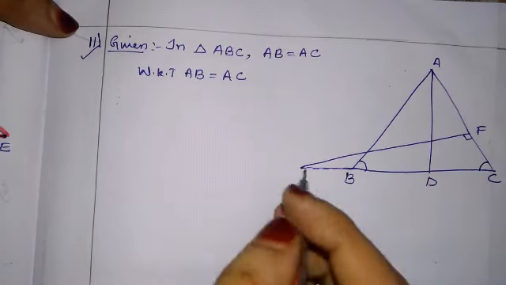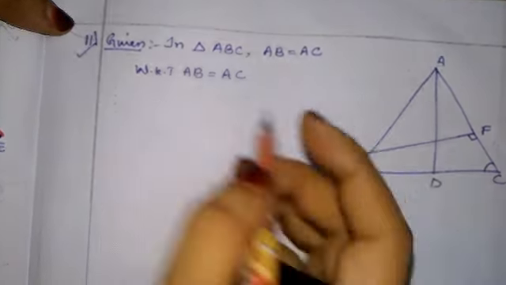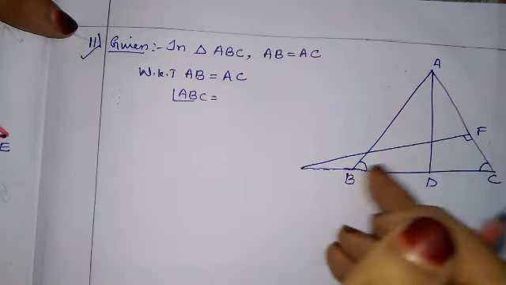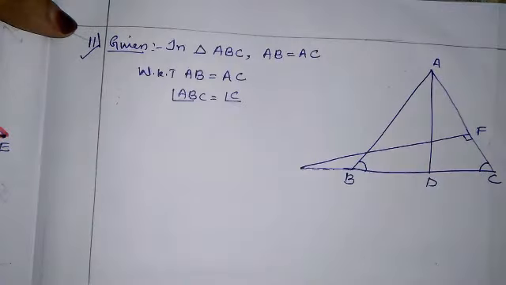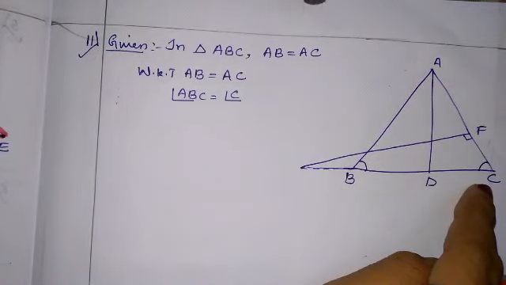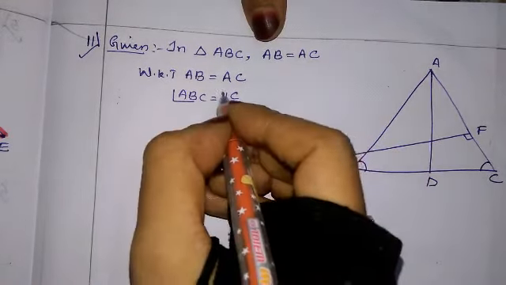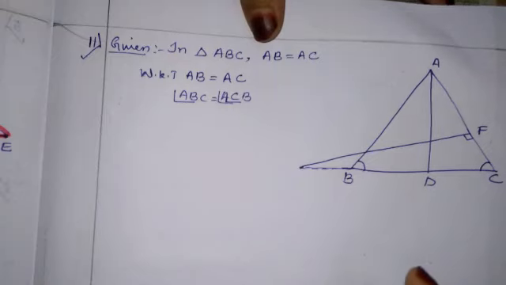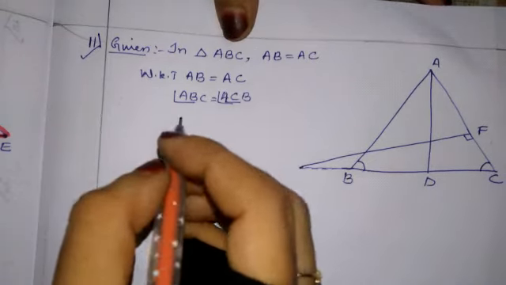So I will write it this way: angle ABC is equal to angle ACB, that is, angle B equals angle C. Now we know what we have to prove.